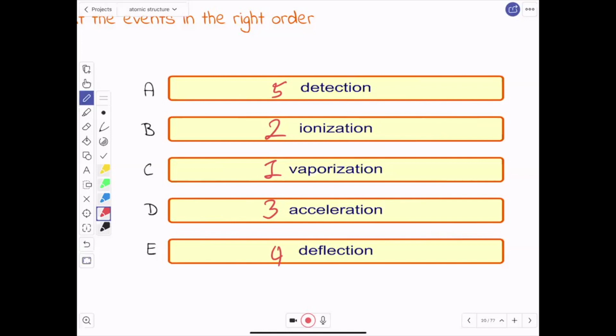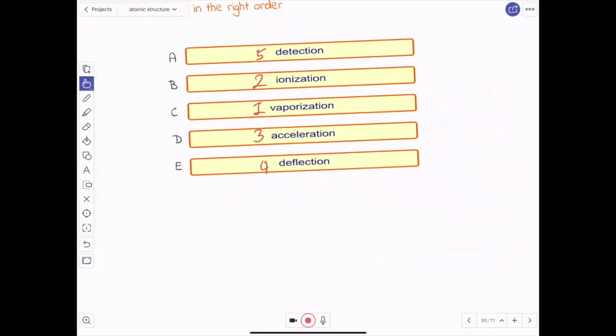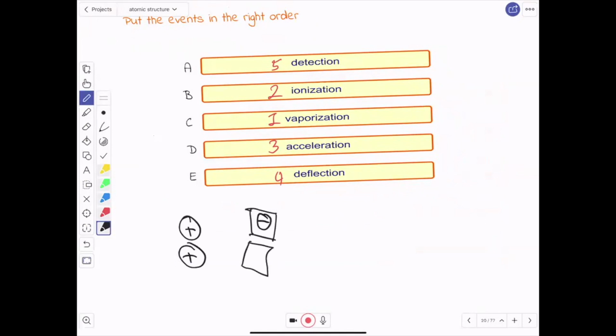So first event, we took the particles, right? We've turned them into ions. Then we run them into slits like this. One of these plates has negative charges here, so it gets attracted, and one of these plates here has positive charges.